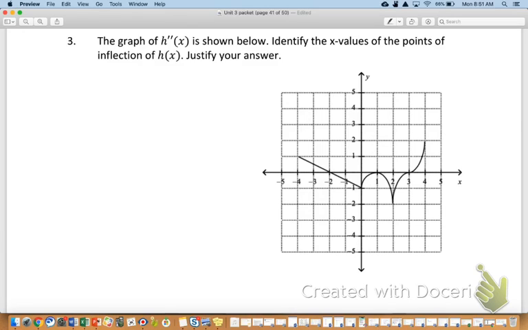We're supposed to identify the x values of any points of inflection of H. Graph of H double prime is shown. What are the inflection points of H? So let's justify your answer. So let's practice. You're going to say H has inflection points at blah, blah, blah, because the because is super important.